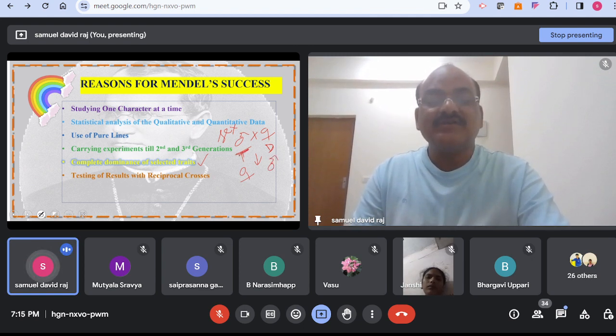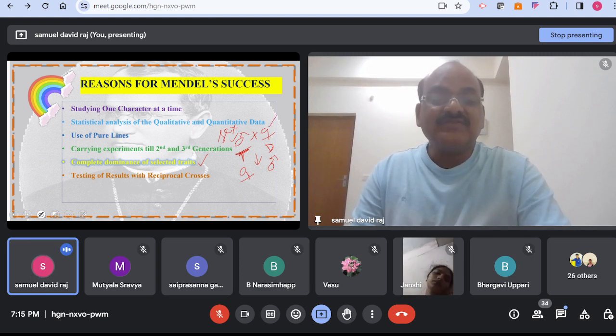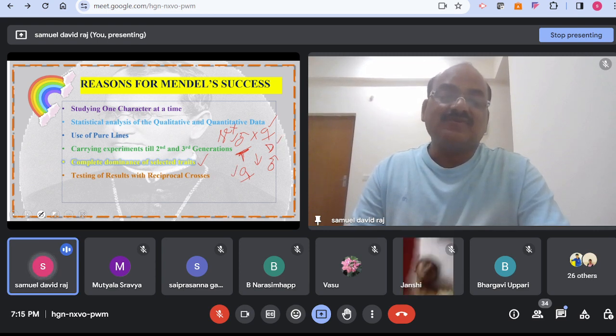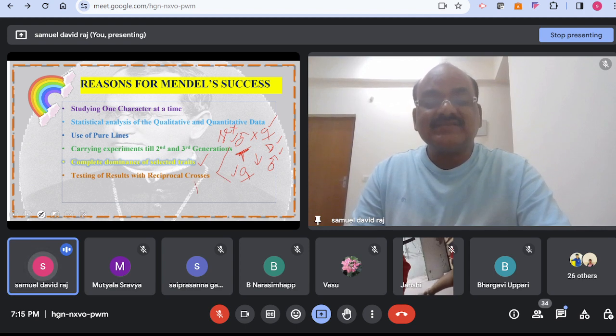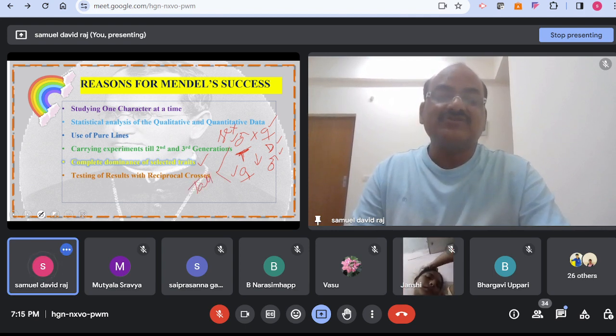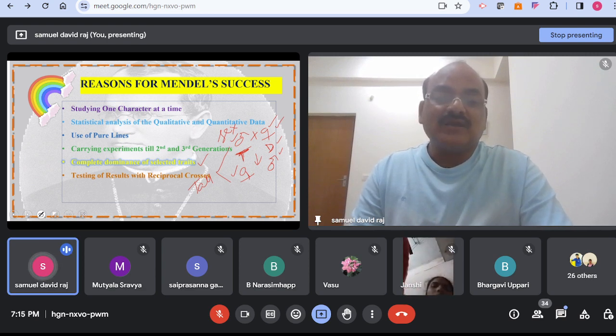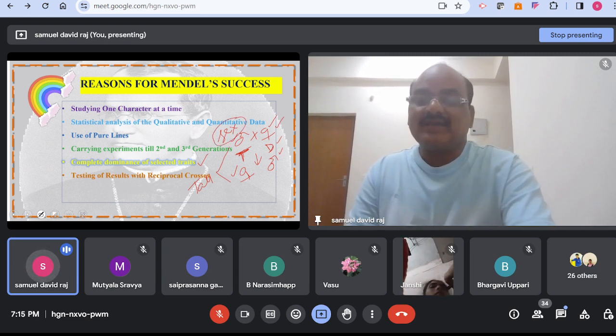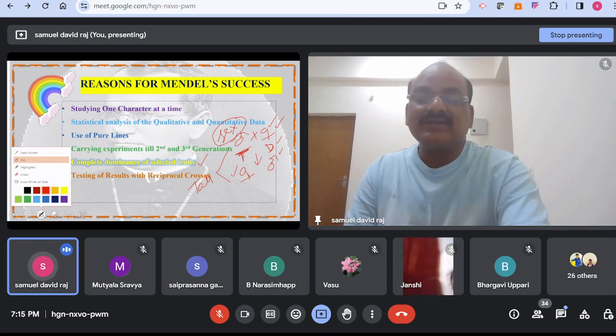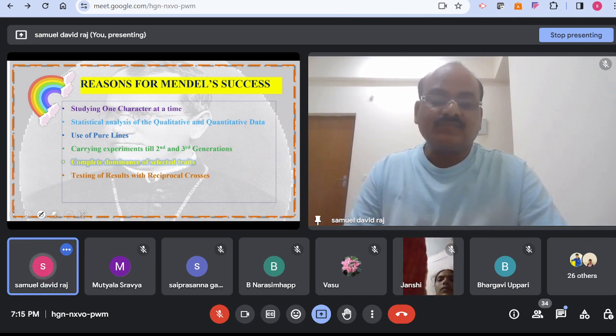In the first cross, the tall is male and the dwarf is female. And in the next cross, the tall is female and the dwarf is male. And in both cases, the result is the same. Such crosses are called reciprocal crosses. By reciprocal crosses, he could conclude that there is no influence of sex on the Mendelian characters studied by Mendel in Pisum sativum.